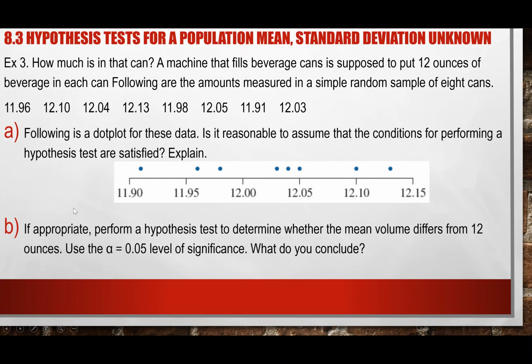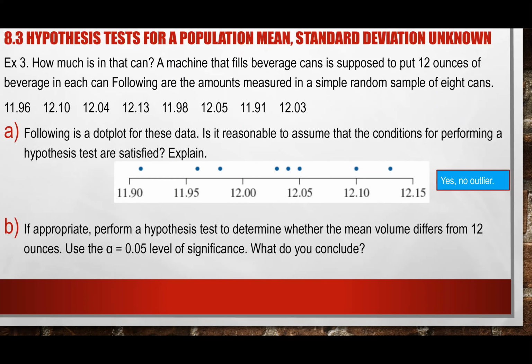Because they are all closer together, if we get more data, this data will tentatively become normally distributed. So now we know that, yes, we can use it.